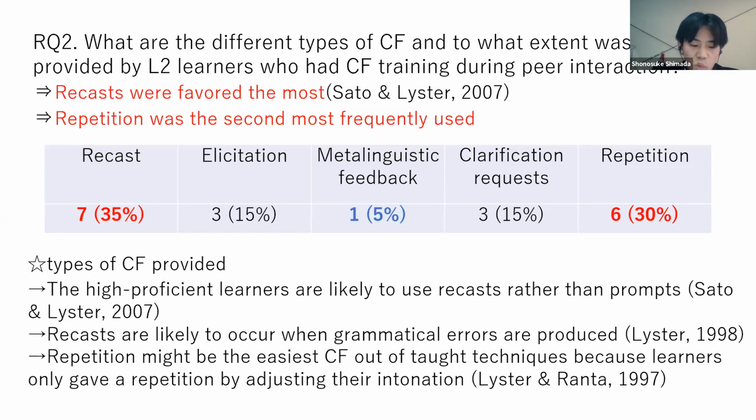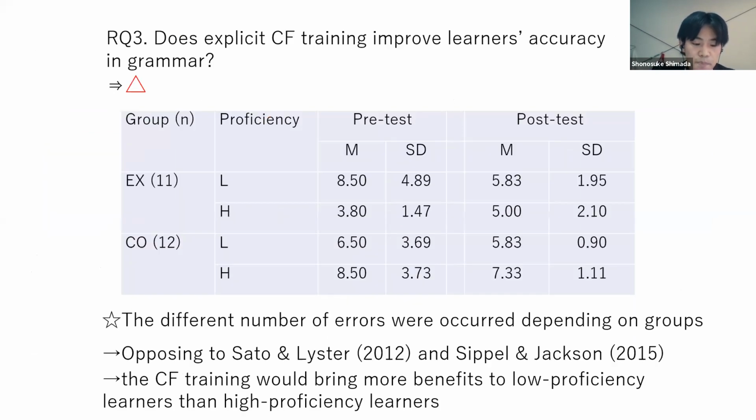This might be because it was the easiest CF out of the taught techniques, because learners only gave a repetition by adjusting their intonation. And it is important to discuss whether CF training improved learners' accuracy, as previous study found.